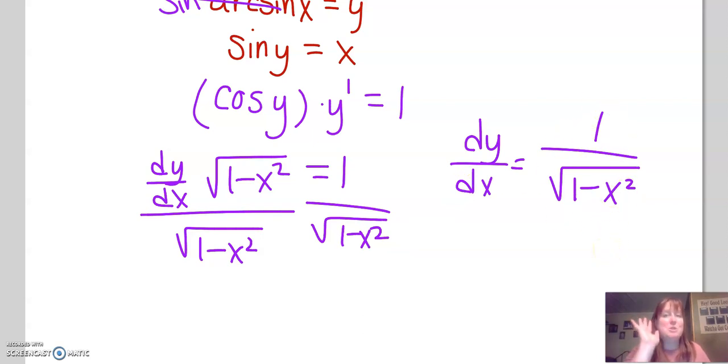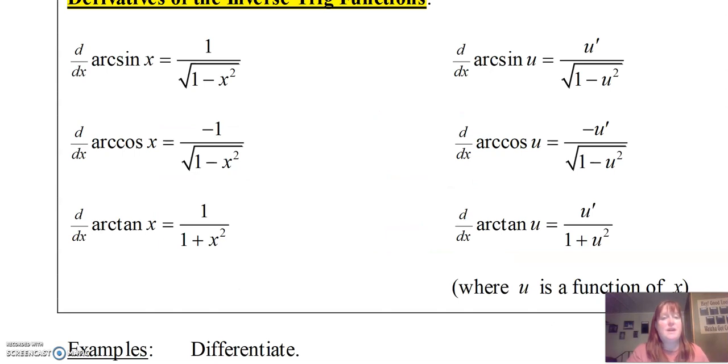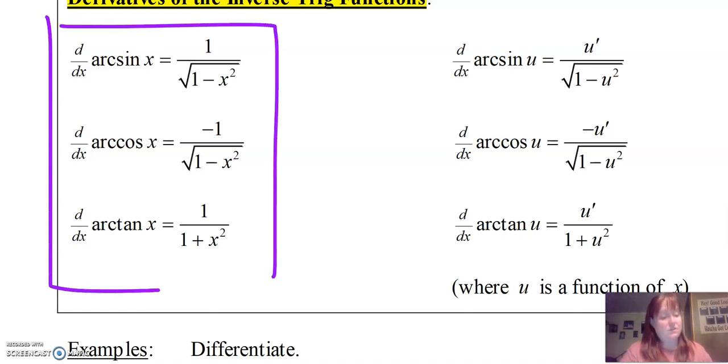We're not going to be doing trig substitutions here much in AB calculus, but this is actually a really helpful thing to have. Okay, so you're just going to have to memorize these 3 on the left. These are our derivatives of our inverse functions. So you see where they came from, but really you just have to memorize those 3.